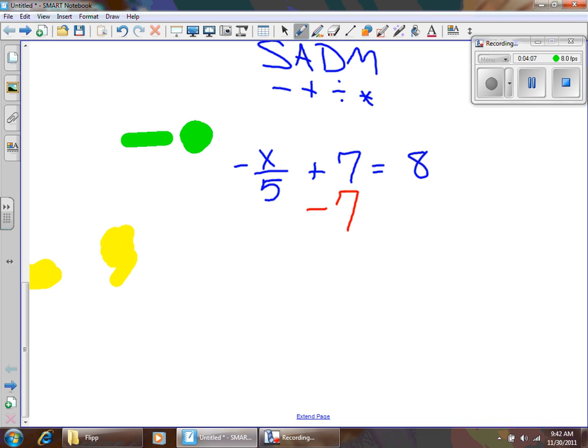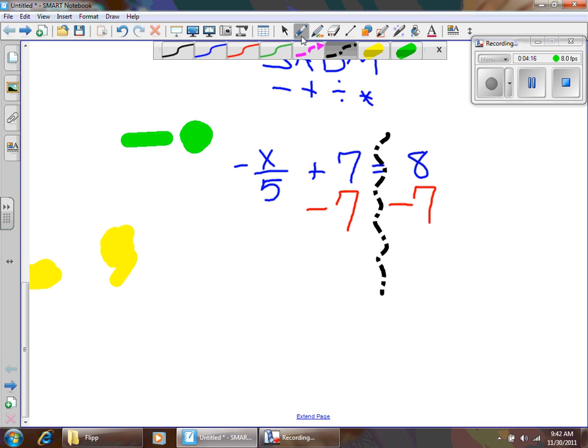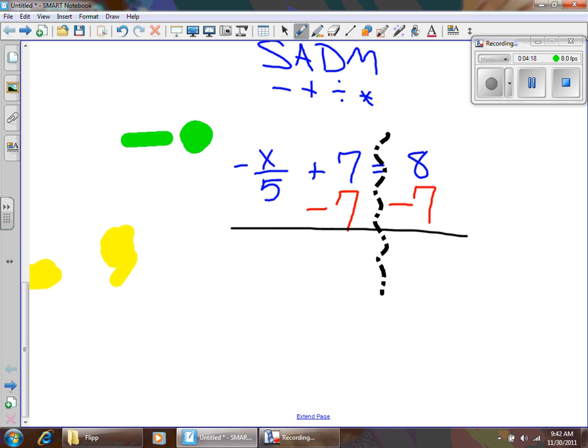The 7. I will subtract 7 from both sides. Remember, the Great Wall of China. You have to do it to both sides, right? Okay, so my new equation becomes 1 equals, and on this side I have a negative x over 5.